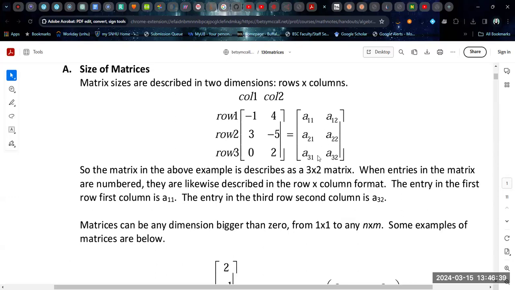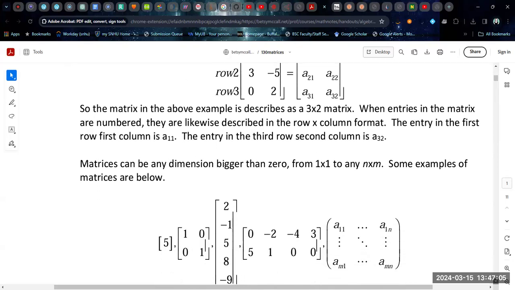And then the subscripts follow that way. As you go down the column, the second row, first column would be A21. Third row, first column would be A31. A12 would mean first row, second column. A22 would be second row, second column. And A32 would be third row, second column.